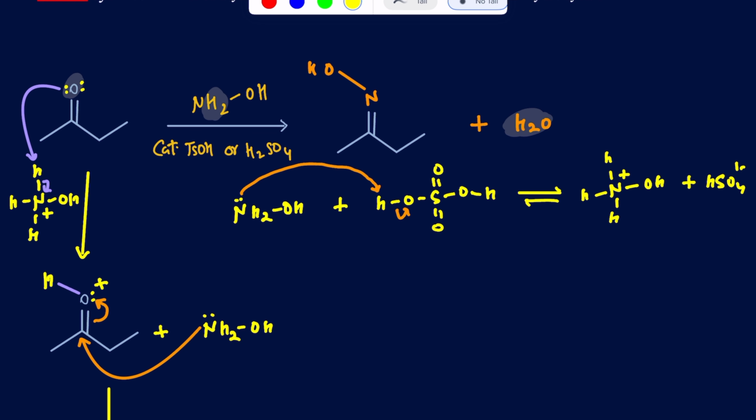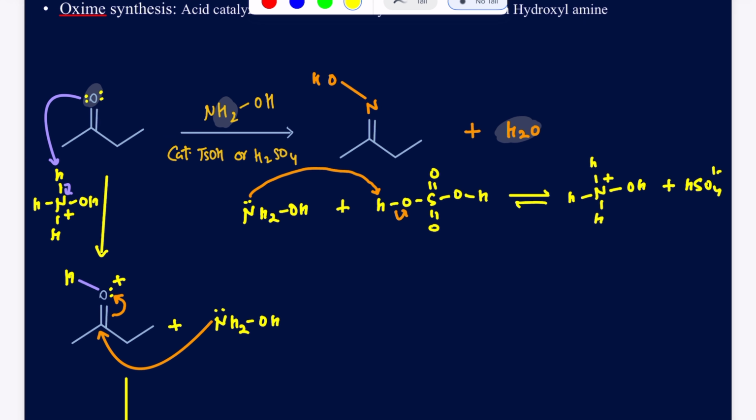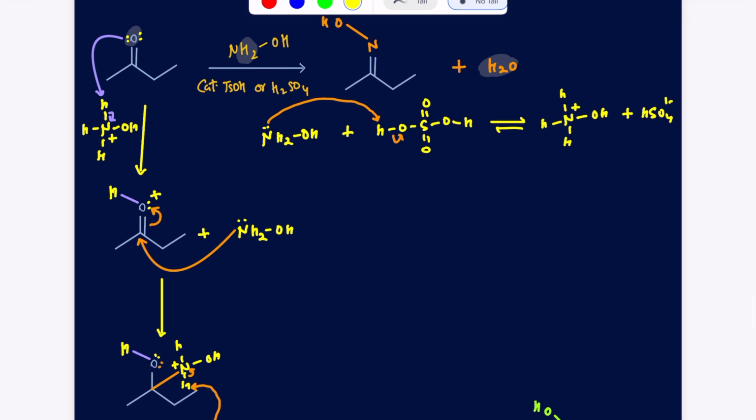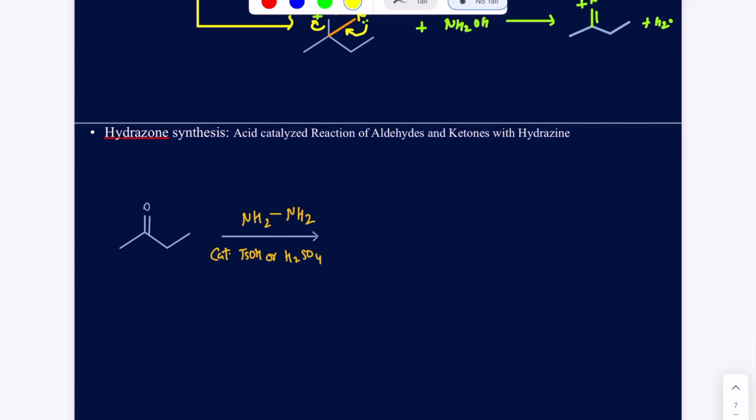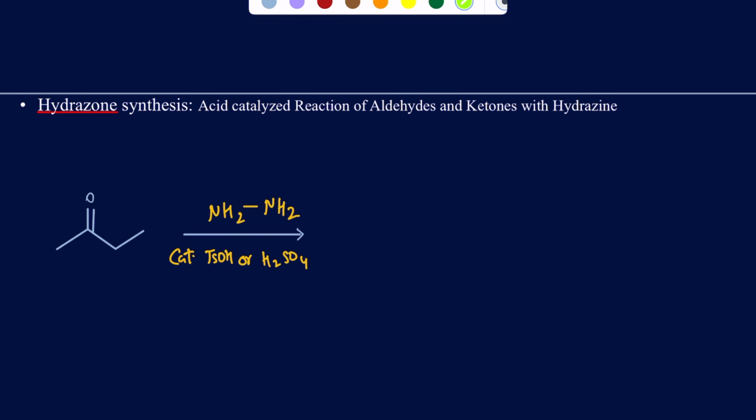Now this is what the oxime synthesis is going to look like. When I say the hydrazone synthesis, it's going to be exactly the same, but the difference is that instead of having an OH, you have another NH2. So in the first step I would have an NH2 getting protonated, depending on whatever acid I'm using.